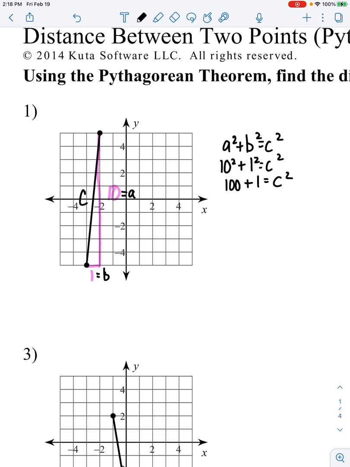I'm looking for C, so I'm going to add. 101 equals C squared. Our last step is always to take that square root. And the square root of 101 is about 10. So for this, we're going to round all of these to the nearest whole number. So the side length, or the distance between those 2 points, is about 10 units.